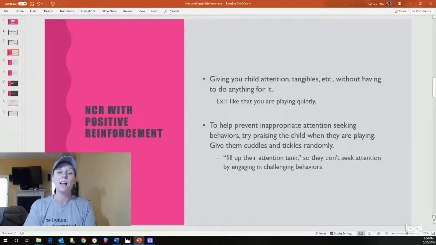We're filling up their tank so they get attention for appropriate behavior, and we're hoping that will cause us not to see that attention-seeking behavior during inappropriate times or in an inappropriate way.